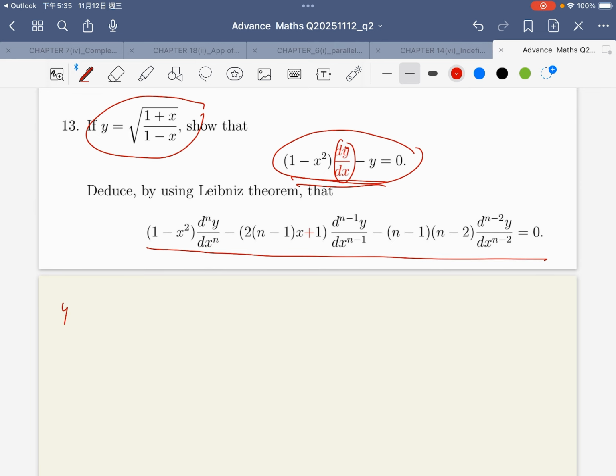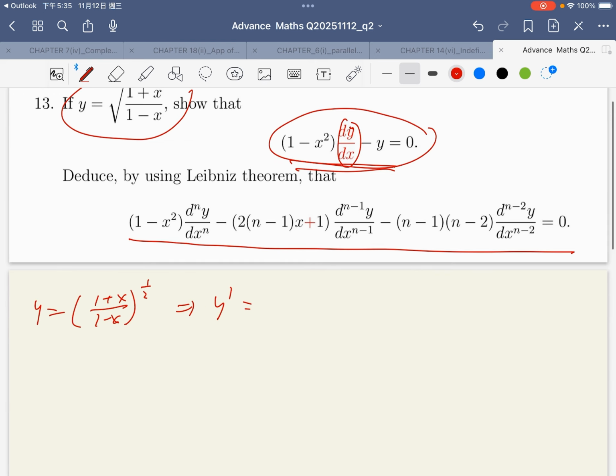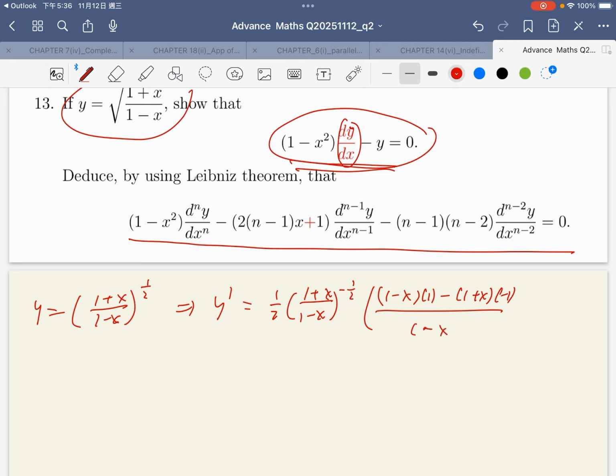Okay, for the first part, y equals ((1 plus x) over (1 minus x)) to the power 1 over 2. Then differentiate this: dy over dx equals 1 over 2, (1 plus x over 1 minus x) to the power negative 1 over 2. Then differentiate inside by the chain rule: 1 times (1 minus x) minus (1 plus x) times minus 1, over (1 minus x) all squared. And change the position of this, as that is a negative index.